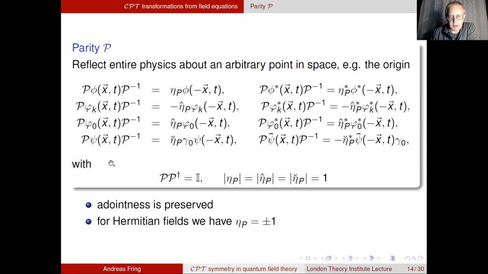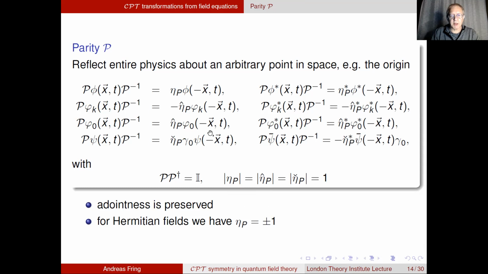What we also demand is that the modulus of these constants in front, which were all different, is always 1. For the spin 0 fields I call them eta P, eta hat, and eta check for the spinor fields. So the adjoint is preserved, and naturally, if the fields are Hermitian, then these values eta P can only take values plus minus 1.